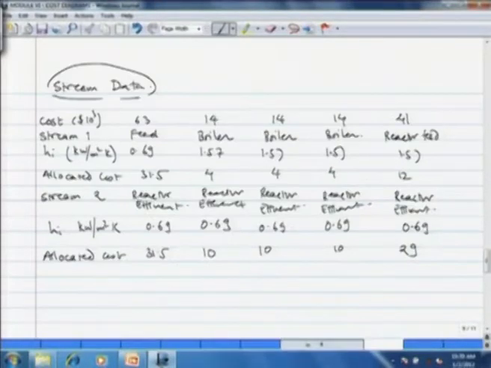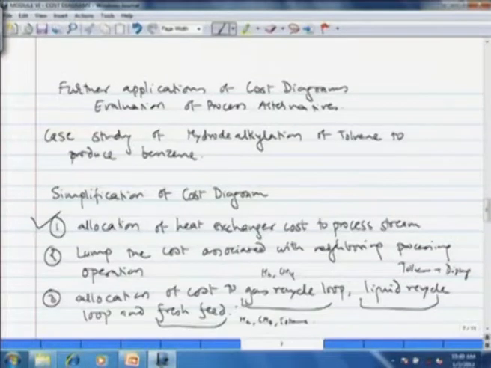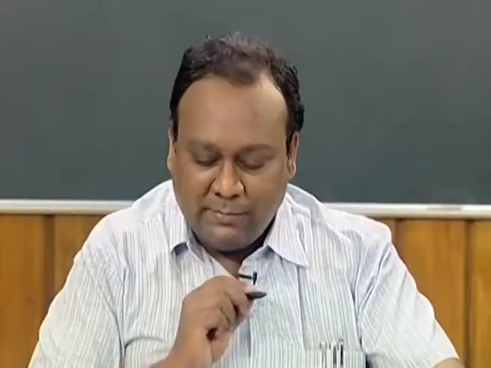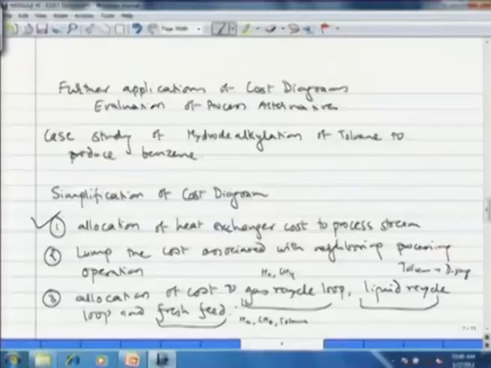We followed a 3-step strategy: allocation of the heat exchanger cost to the process stream, then lumping the cost associated with the neighboring process operation, and allocation of the cost to 3 loops or 3 streams. One is the gas recycle loop, second is the liquid recycle loop, and third is the fresh feed. So these 3 are the cost components.